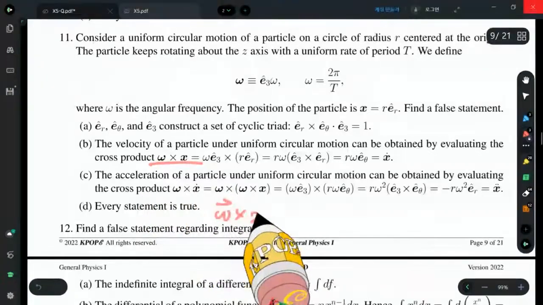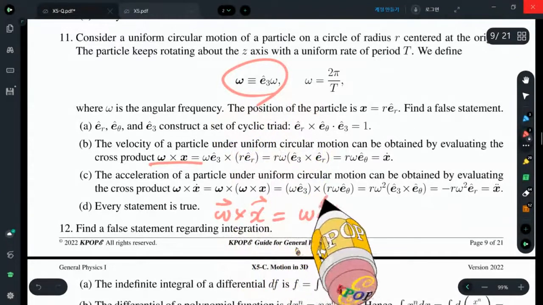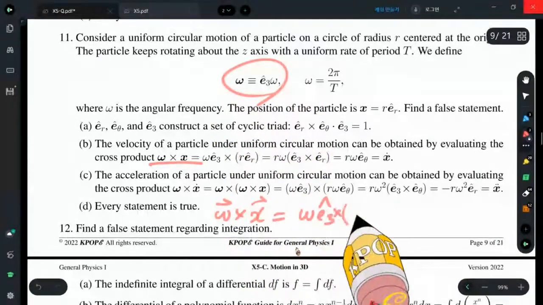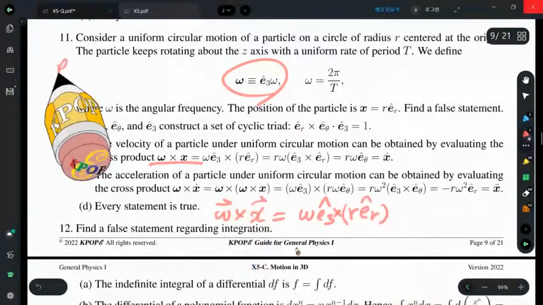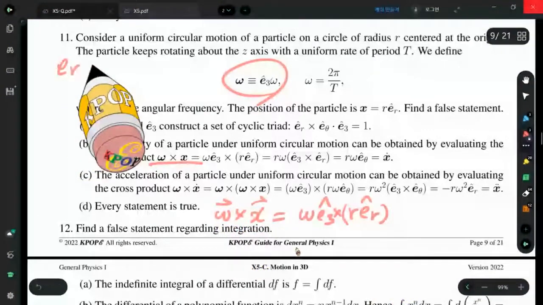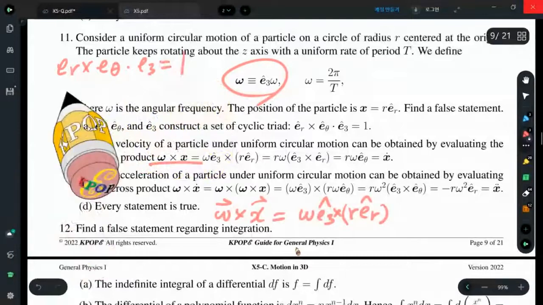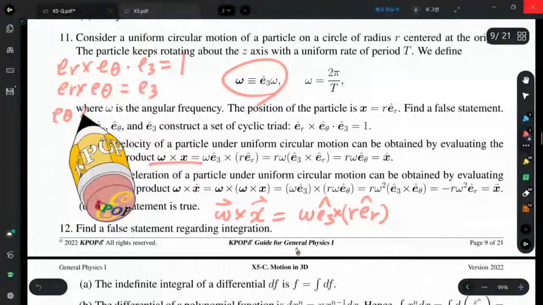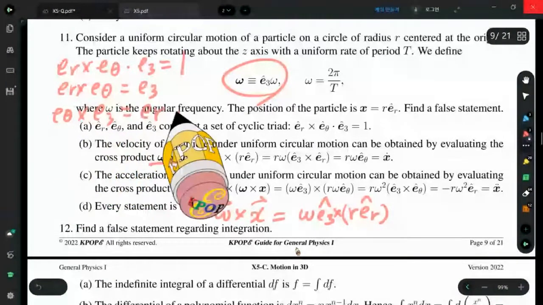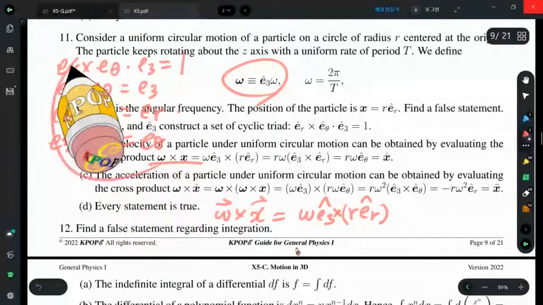Omega cross x. We set omega to be e_3. Cross product r e_r. We remember r theta e_3. That is one. e_r e_theta equals e_3, e_theta e_3 equals e_r, and e_3 e_r equals e_theta.